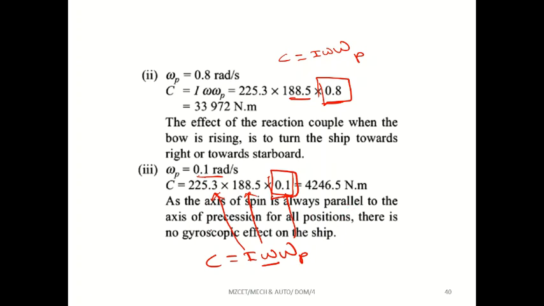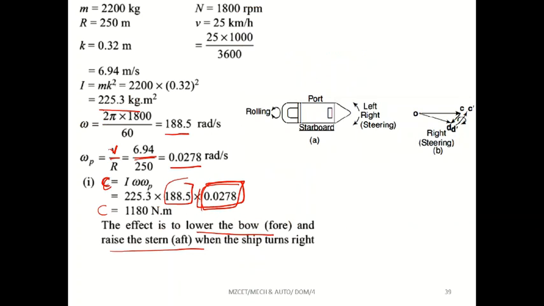But for rolling, you always have to write no gyroscopic effect. For turning, you have to mention along with the answer whether the bow is rising or lowering, and whether the aft or stern is rising or lowering.